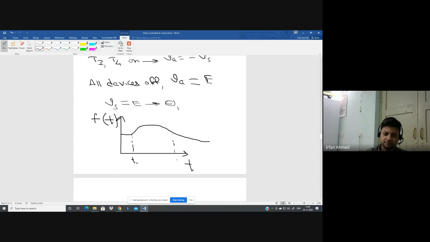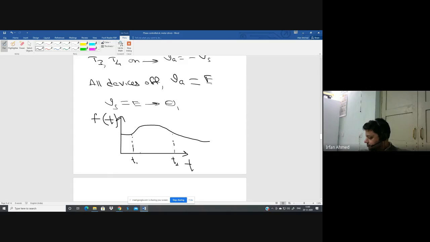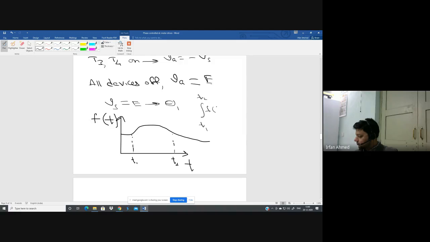How do you find it? Integration from t1 to t2 f of t dt, divided by t2 minus t1.